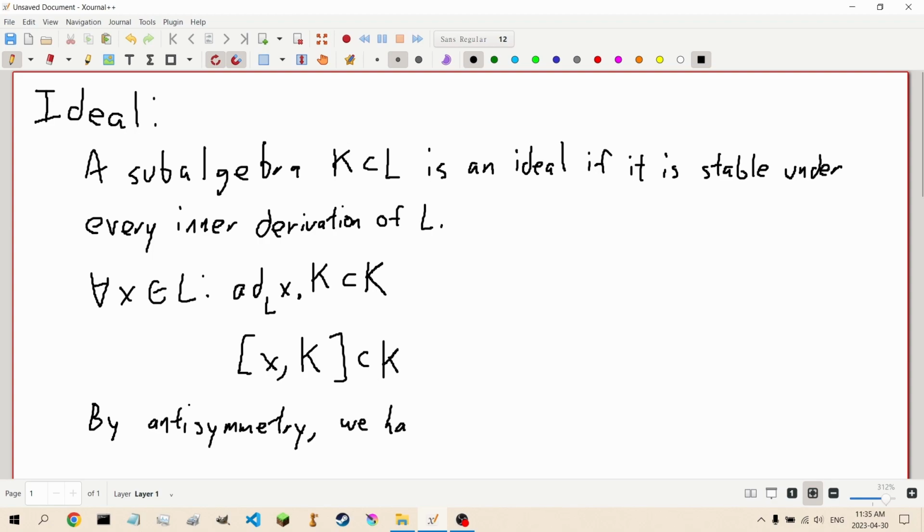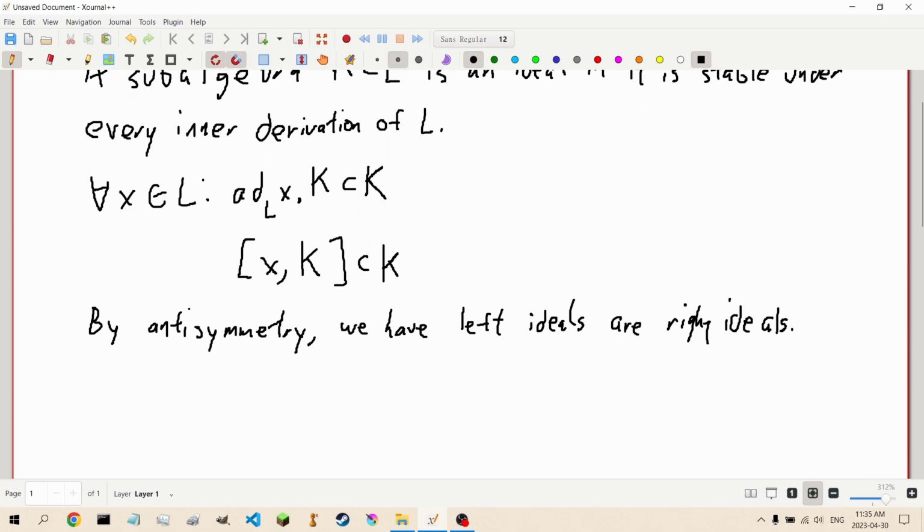So we have that left ideals are right ideals. There's no need, like in ring theory, to have ideals from one side or the other. Because of all the symmetry we have with Lie algebras, we can just go ahead with ideals in general.